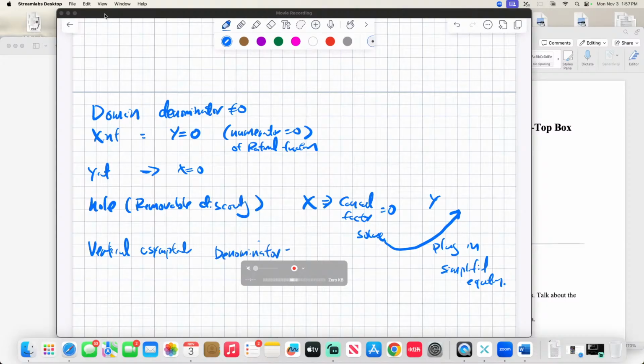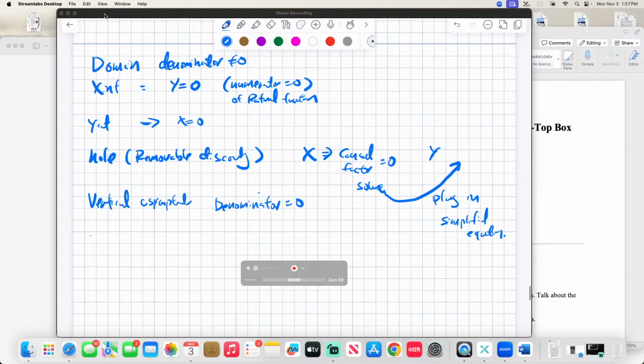The other one was denominator cannot equal to 0, because you don't want the denominator to be 0, since it's undefined. How do I find the horizontal asymptote? Degree of the numerator and denominator. So this is how I study: do I know how to find domain, x-intercept, the hole, vertical asymptote, horizontal asymptote?